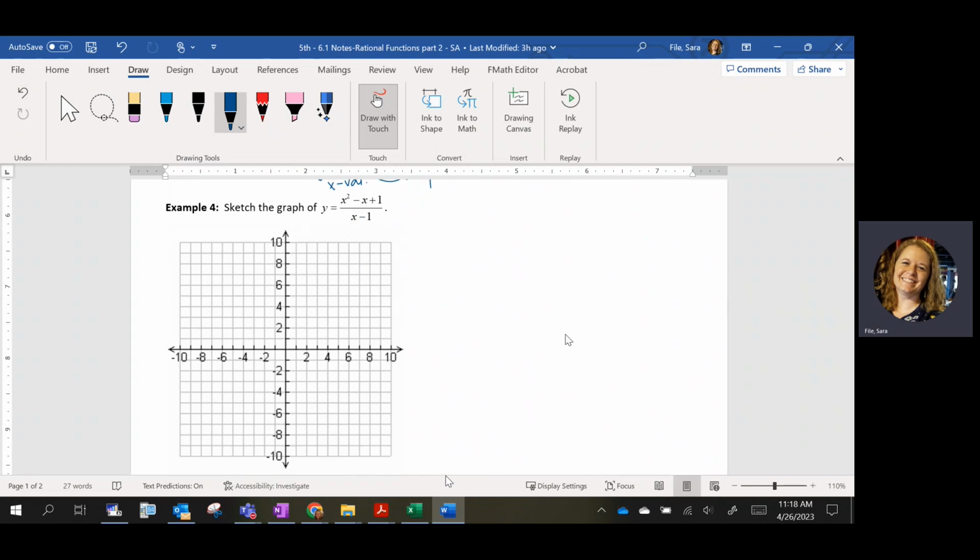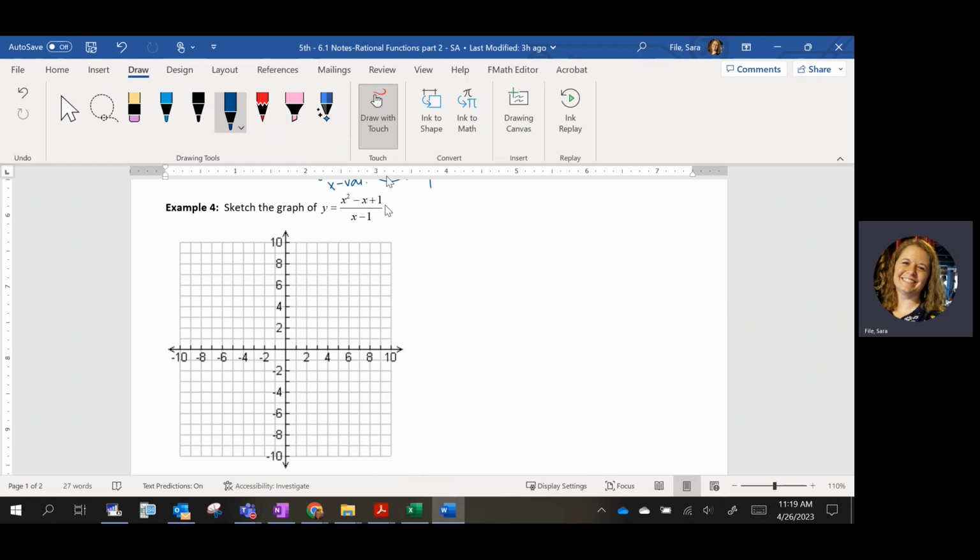on example 4. I'm actually going to make an edit here, though. I did it this way with my other 2 classes this morning, but this numerator does not factor. When you try to set the numerator equal to 0 and solve, it doesn't factor.